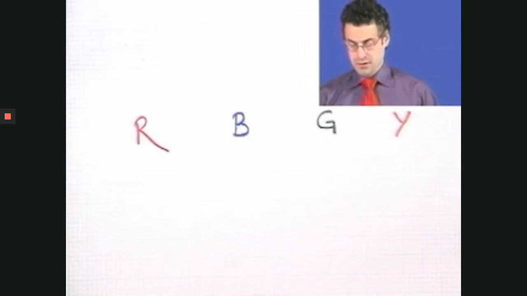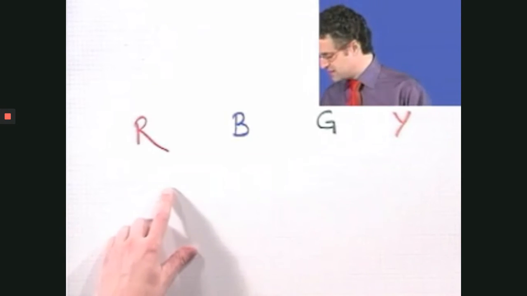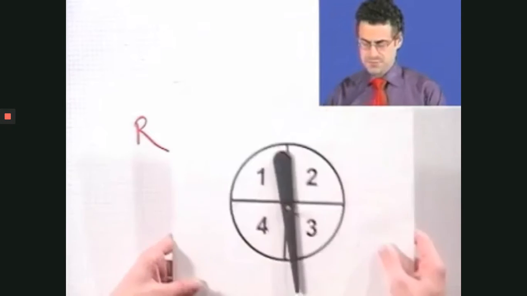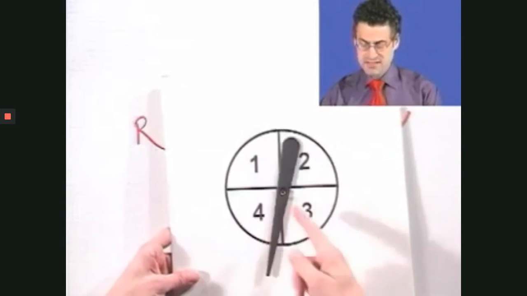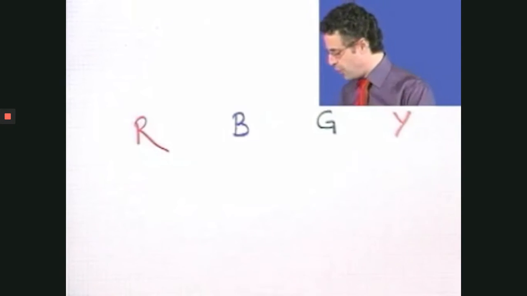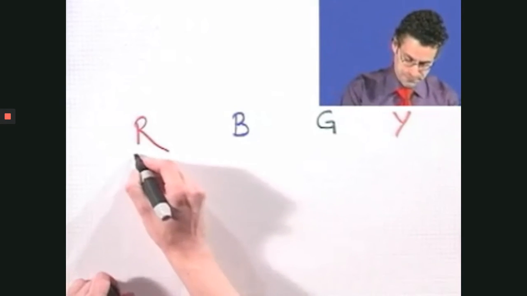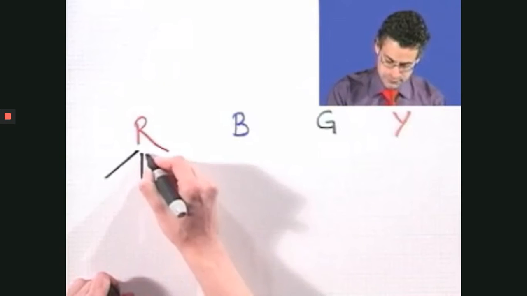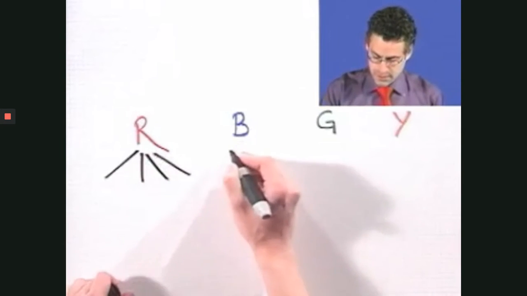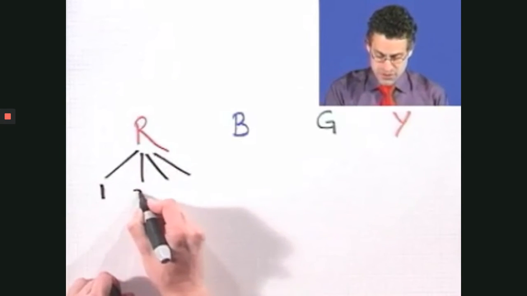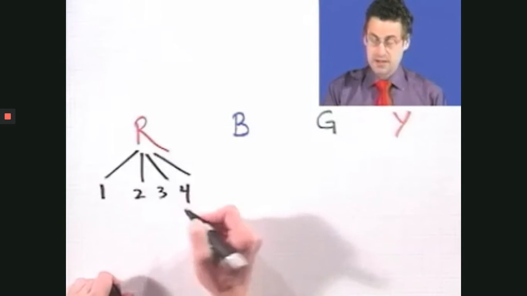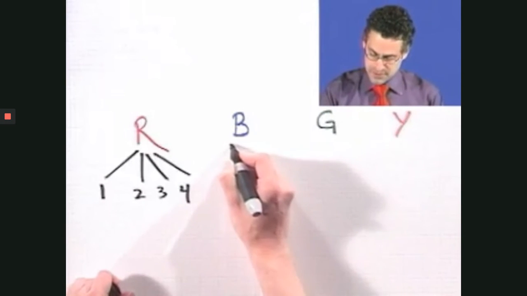Now, for each one of these, I spin the second spinner, and so I see four possibilities for that. And so off of each one of these, I'm going to have four possibilities. I could have a 1, 2, 3, or 4 spin. Here I have four possibilities.